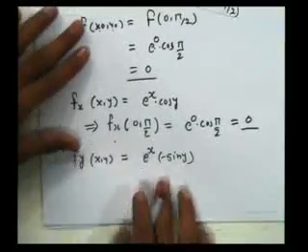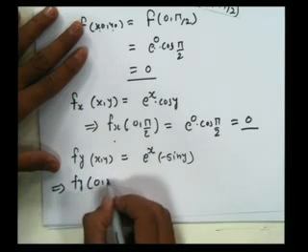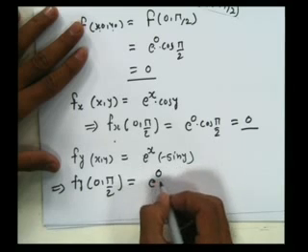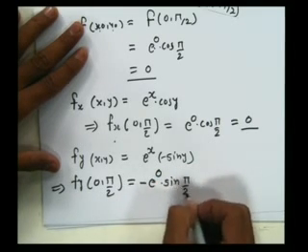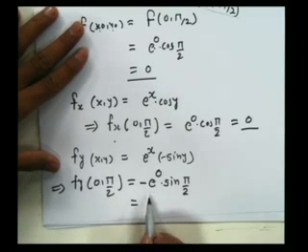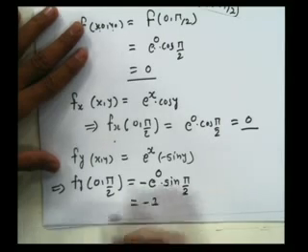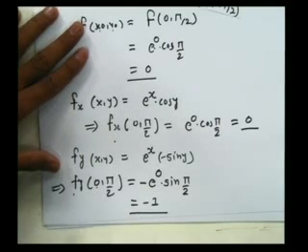Now we find fy at 0 comma pi by 2, which is e raised to 0 into minus sin pi by 2. We know that e raised to 0 is 1 and sin pi by 2 is also 1. So the final answer is minus 1. So fy at 0 comma pi by 2 is minus 1.